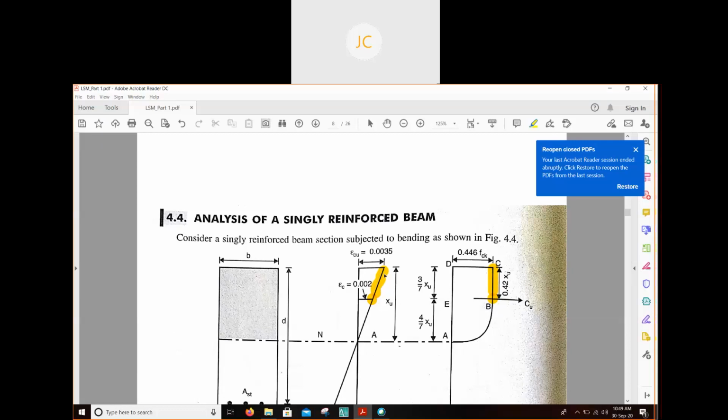After reaching this value, 0.0035, which is called the ultimate strain, our concrete will fail. So this much is the value of maximum or ultimate strain, 0.0035.